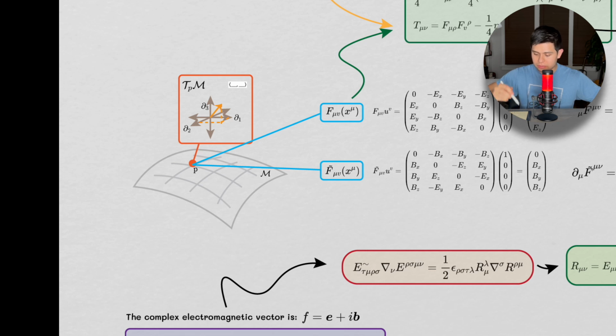This is a basic picture that you've probably seen before. You have this manifold, an n-dimensional manifold, and at each point on the manifold you can construct a tangent space at the point P. So this is a tangent space at point P of M. M is the manifold, the name of the manifold, P is the point on the manifold, and this whole thing is a tangent space.